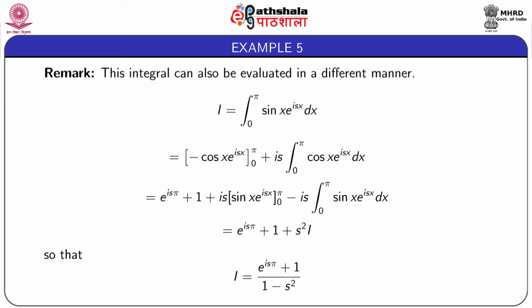This can be simplified again to obtain I equal to e to the power I s pi plus 1 plus s square I. So that I is equal to e to the power I s pi plus 1 divided by 1 minus s square. So, this is the Fourier transform of the given function.